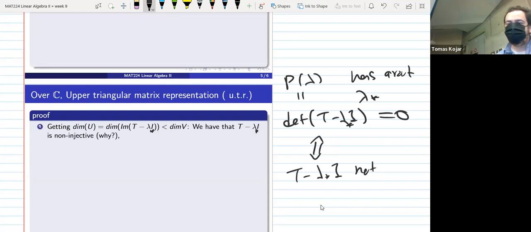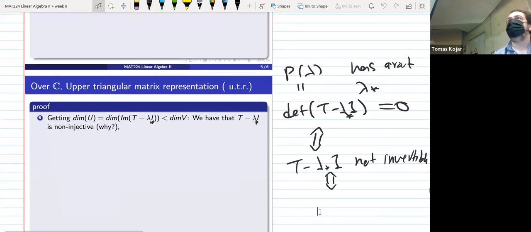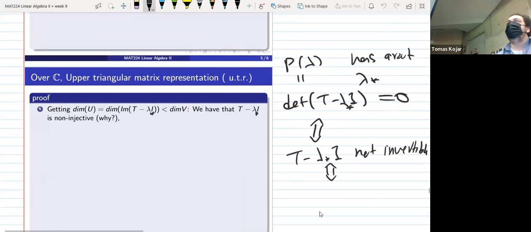Yeah, it's not invertible. Let me do all the steps. And then what did we prove about this in terms of injectivity? Yeah, exactly, perfect. But I will explain what he said. So indeed, this is not injective.